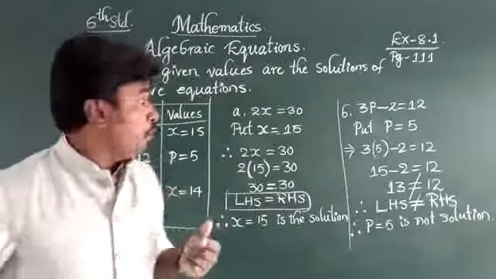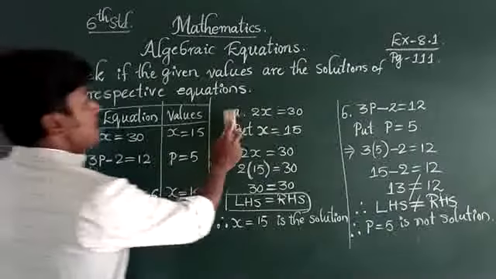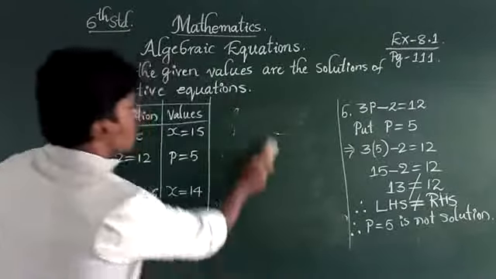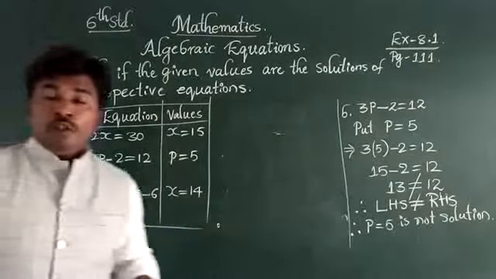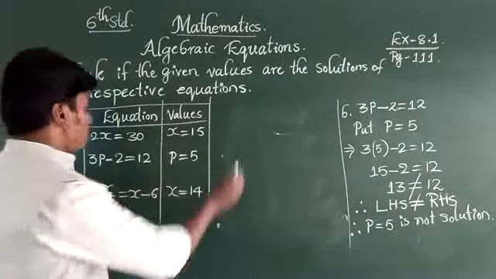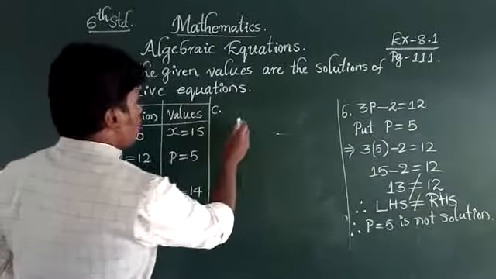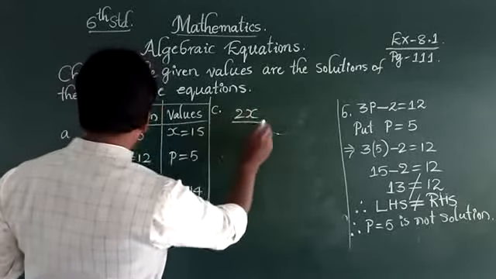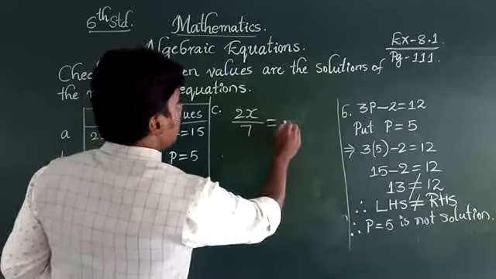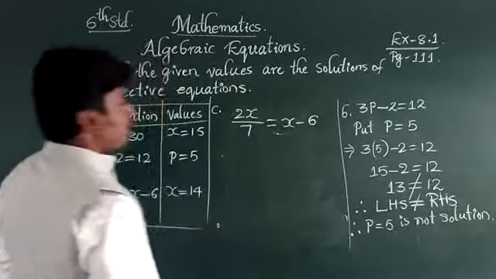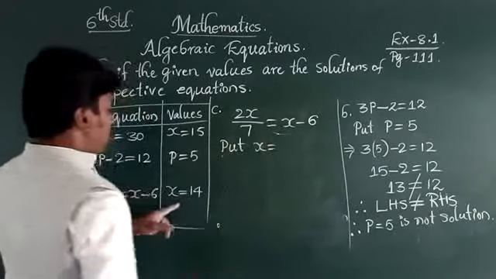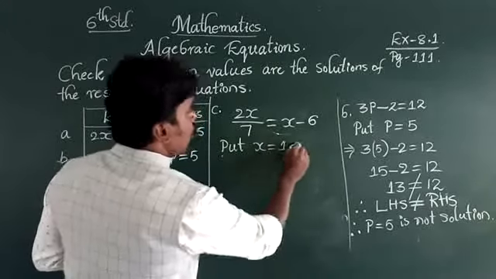Now you come to the third one. Third one is given with both numerators and denominators. So please check it. You just substitute the value where they have given the variable. So it is c, 2x by 7 is equal to x minus 6. Dear students, put x is equal to, x value how much is given? 14.